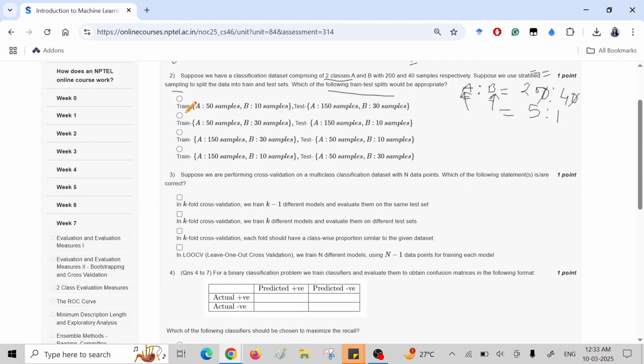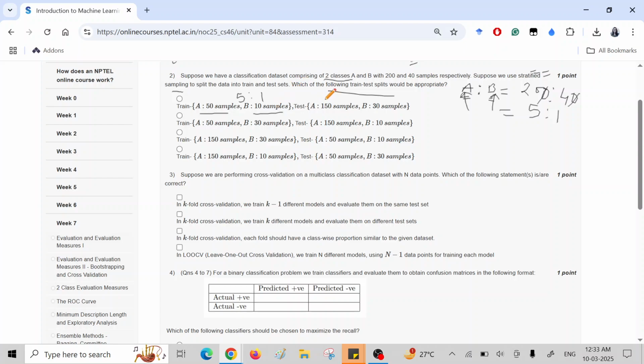The first option, in the train set, A class is having 50 samples, whereas B class is having 10 samples. The ratio here is 5:1, so the ratio is maintained here, right?